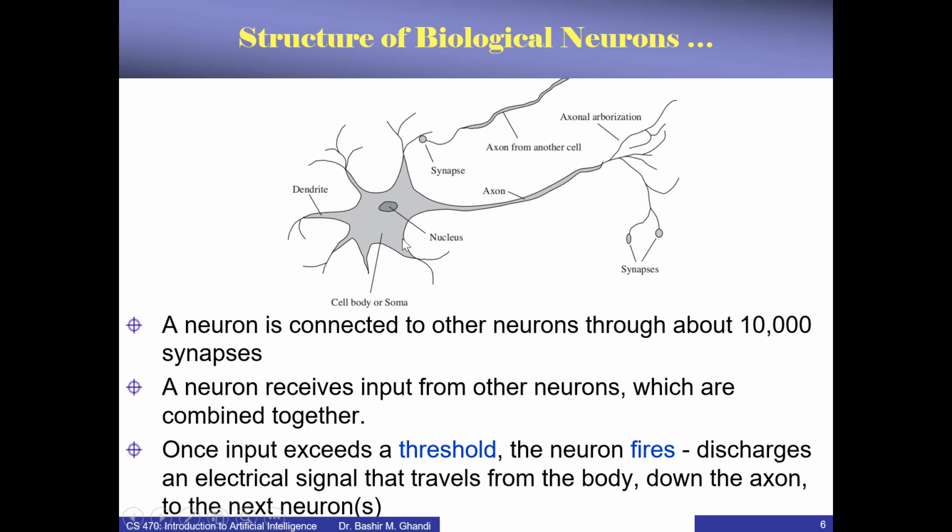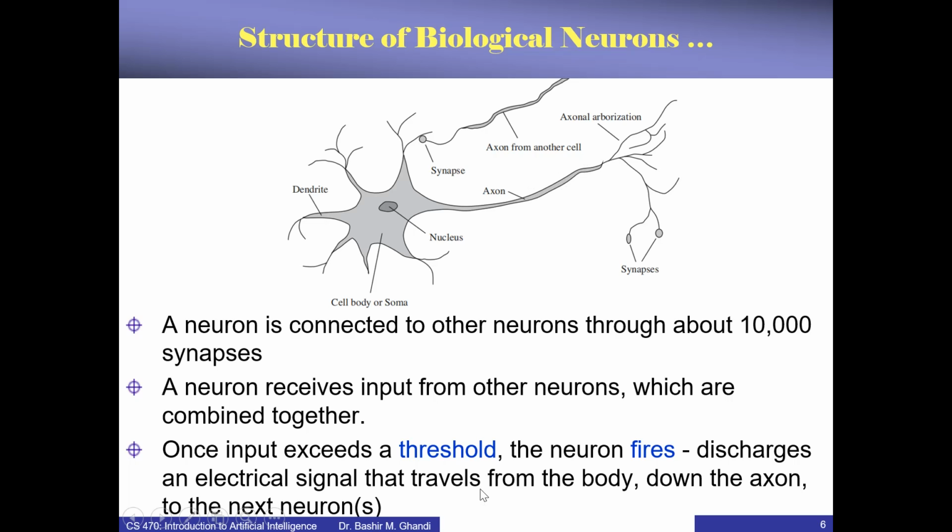Now, when this amount reaches a certain threshold, once the input exceeds a threshold, this combined input that is merged together from different neighboring neurons, then the current neuron will fire, meaning it will discharge an electrical signal that travels down the axon to the neighboring neurons that are connected to this one.